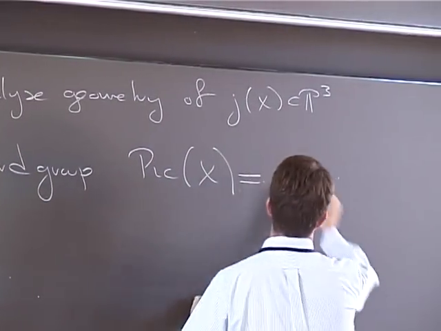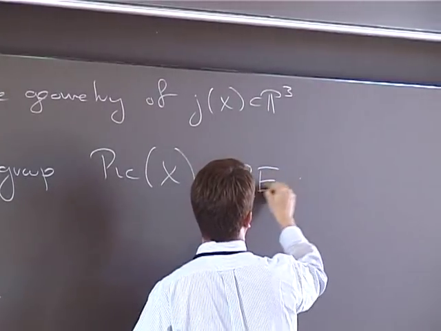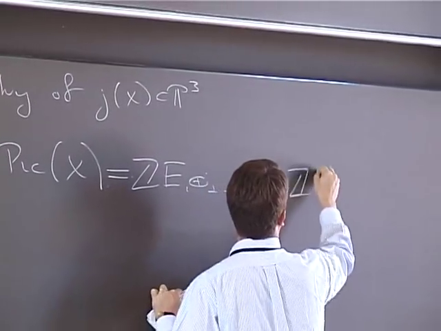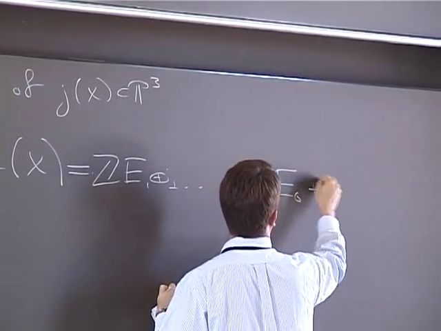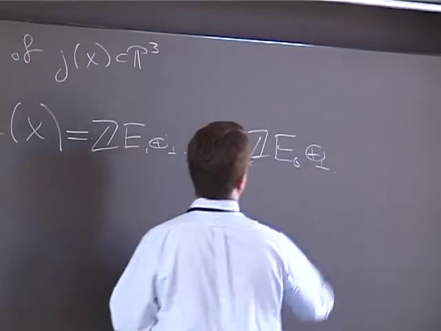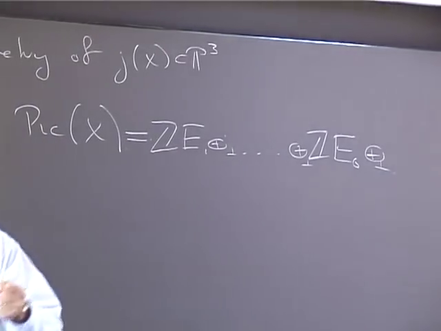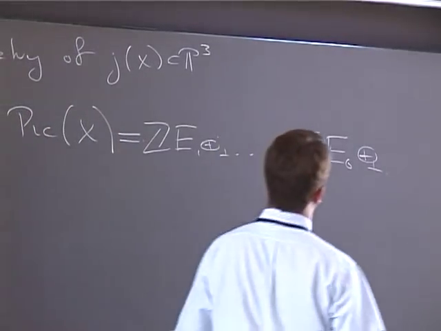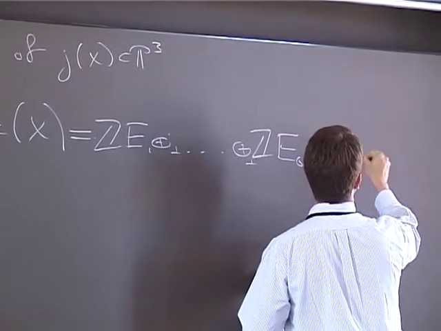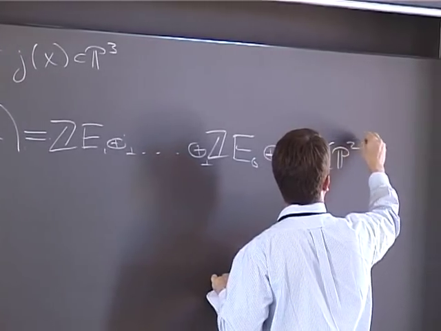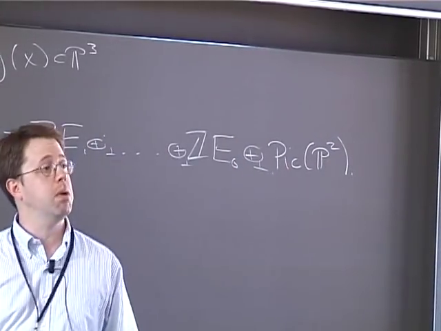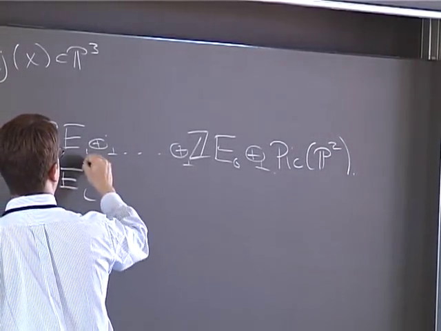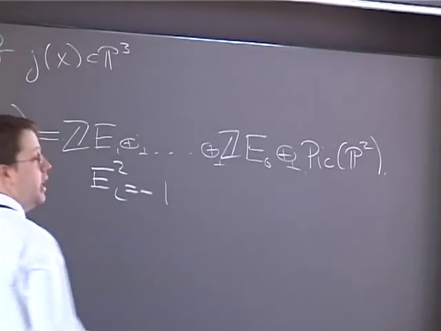So we have that this is an orthogonal direct sum of rank 1 lattices corresponding to each of the exceptional divisors, along with the Picard group of the thing that we blew up. So here we have that the self-intersections of each of these factors is equal to -1.